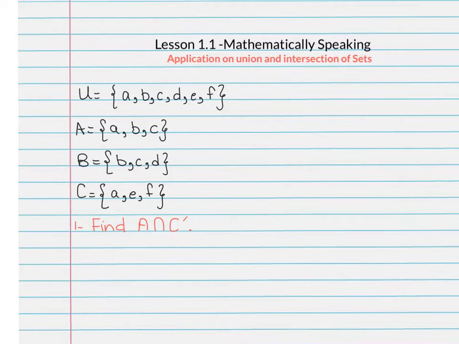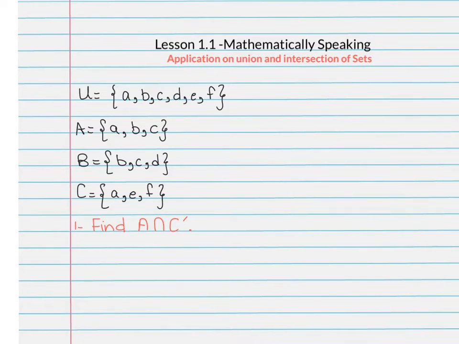Before we start, whenever we are asked to find the intersection or union with complement sets, step number one is to find the complement of all the sets that you have by referring back to the universal set.